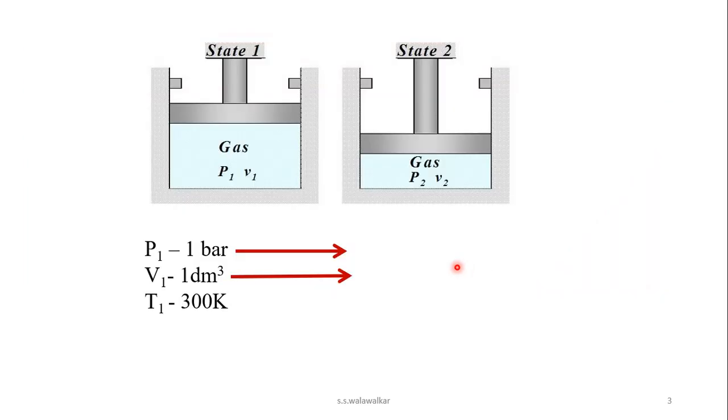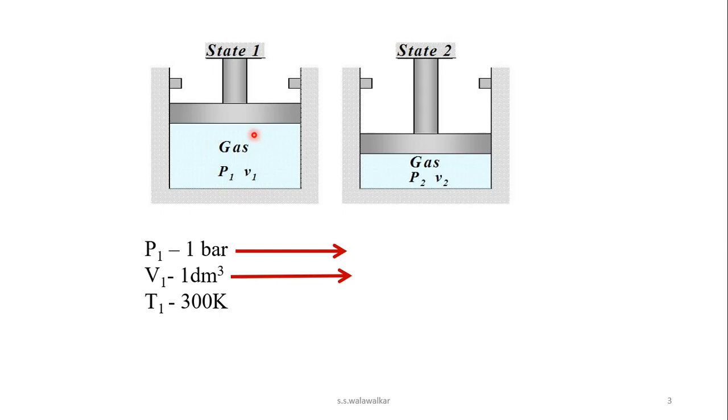Now, for example, see here, a gas is there. Gas is our system. And this gas is enclosed in a cylinder which is fitted with a weightless, movable, frictionless piston. In the initial state, this gas has pressure P1, volume V1, temperature T1, number of moles N1.